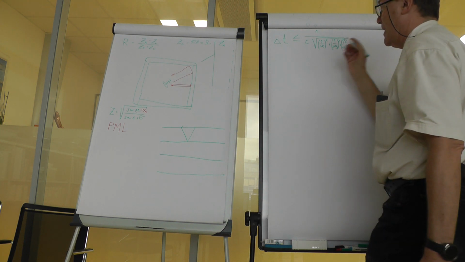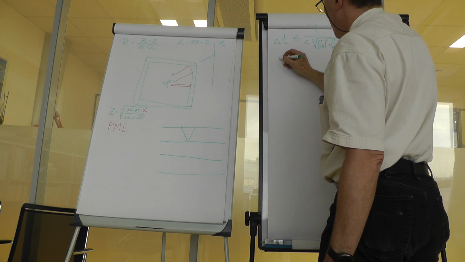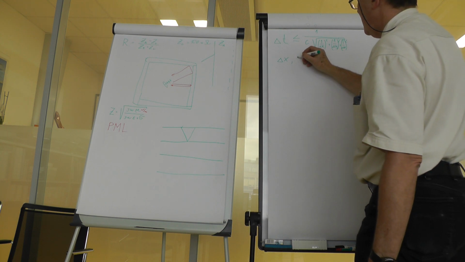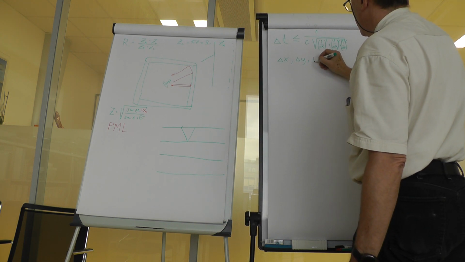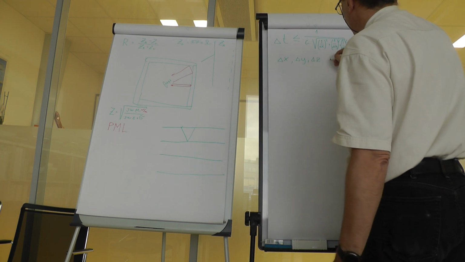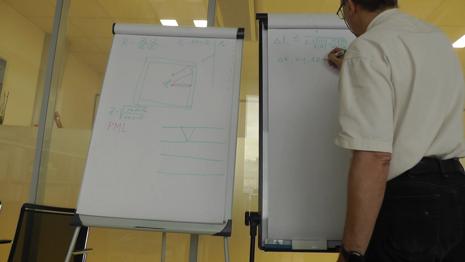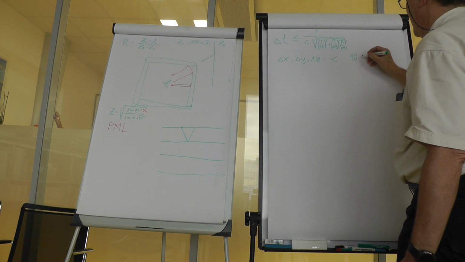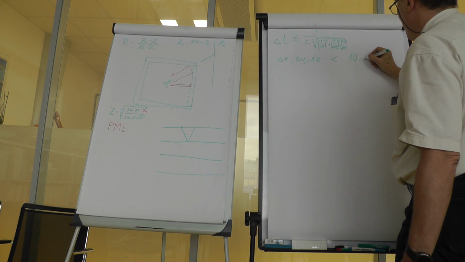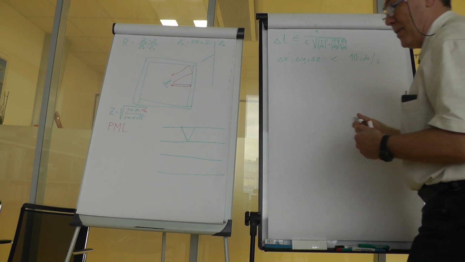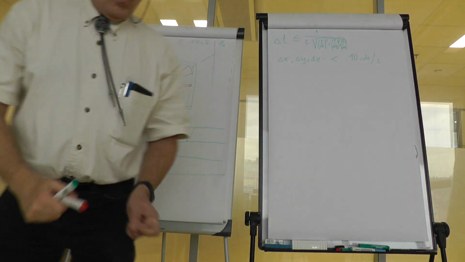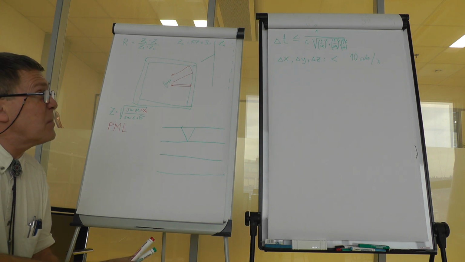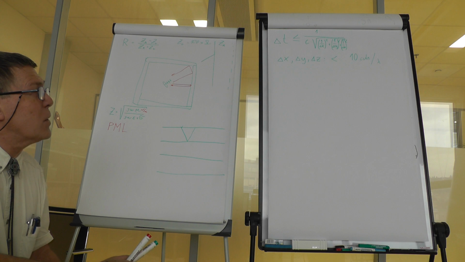Now you have to cut at least 10 cuts per wavelength for rough calculations and let's say 25 cuts per wavelength for precise calculations.